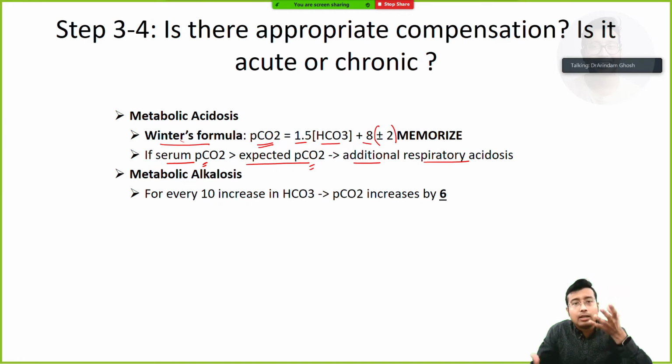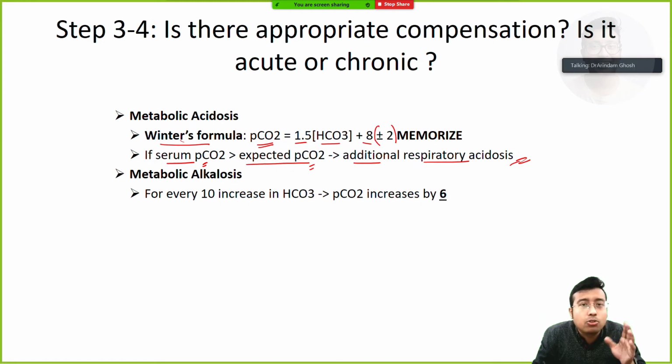It means the PCO2 should have decreased just to compensate the metabolic acidosis, but it has not decreased in such a manner. Then there is additional respiratory acidosis. Just get this concept. This is the formula.